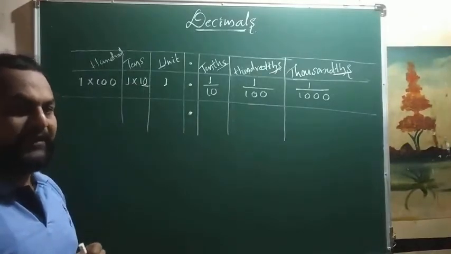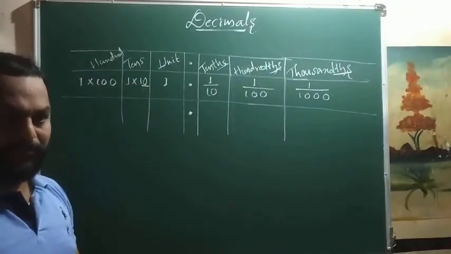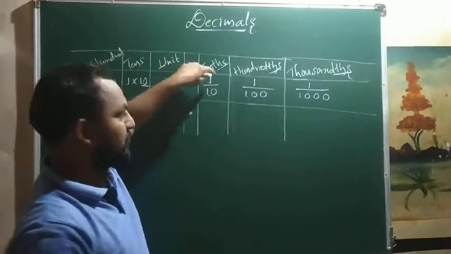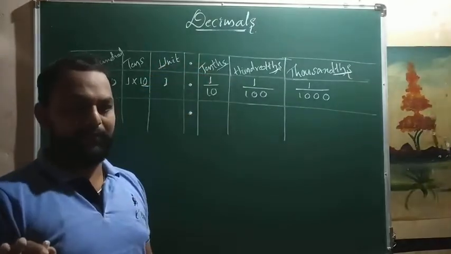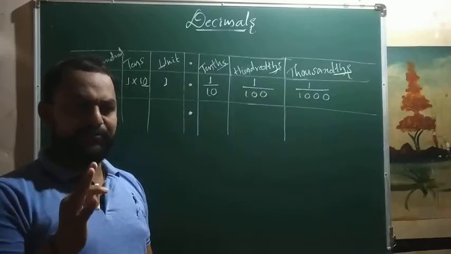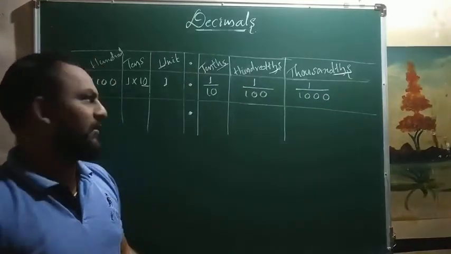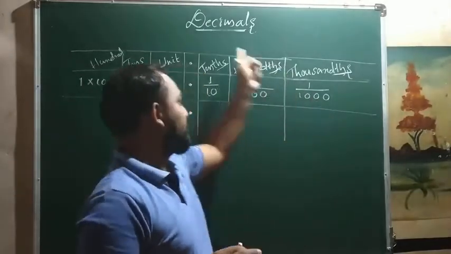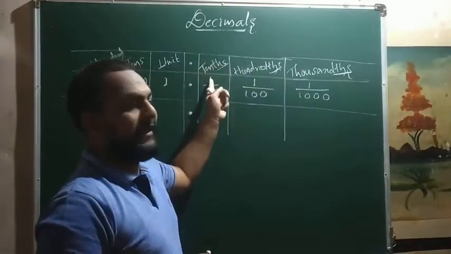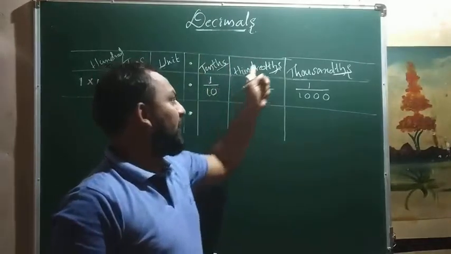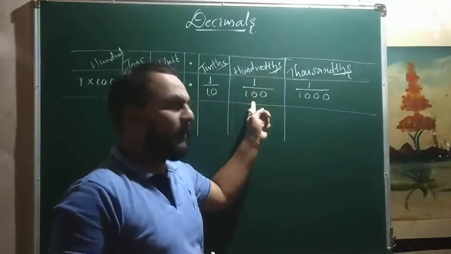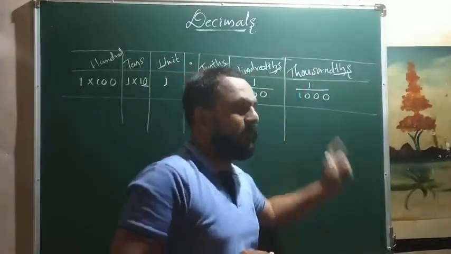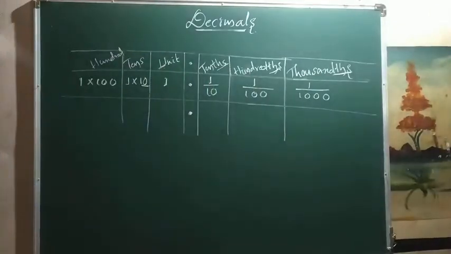But for decimal values, the decimal numbers, we always divide: divided by 10, divided by 100, divided by 1000. Tenths means any number divided by 10, hundredths means any number divided by 100, thousandths means any number divided by 1000.